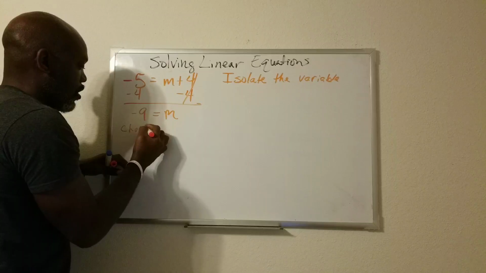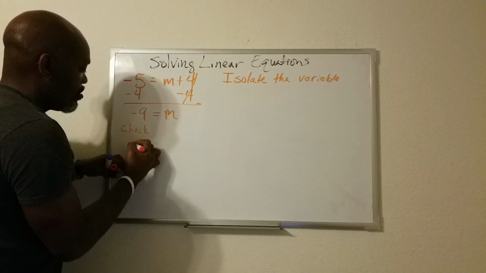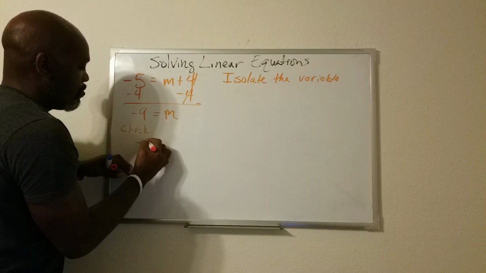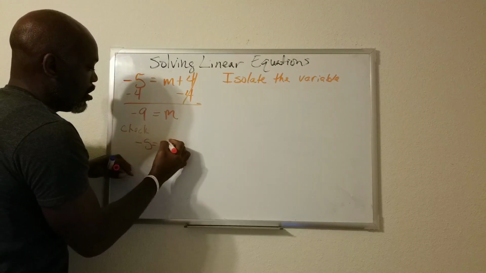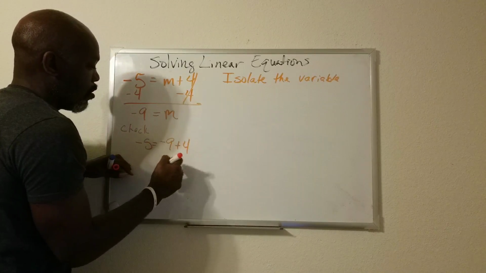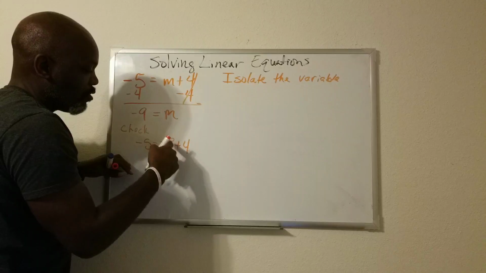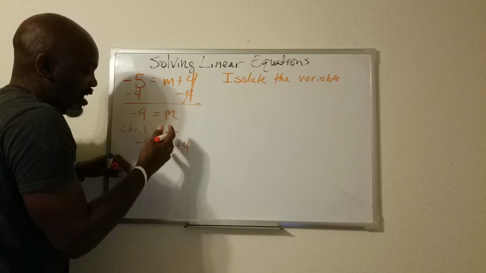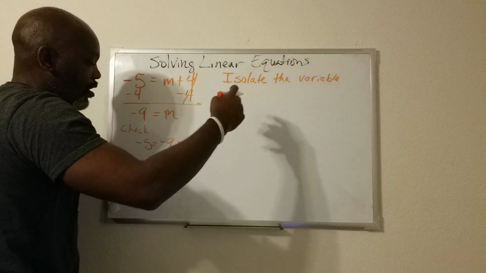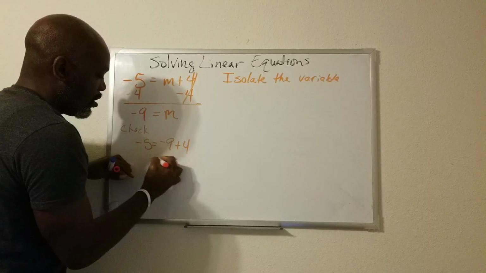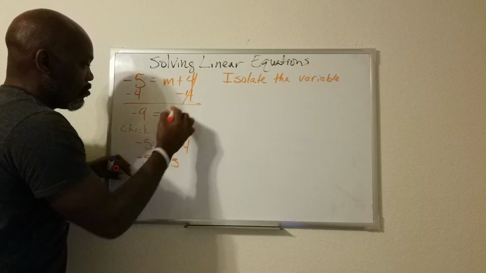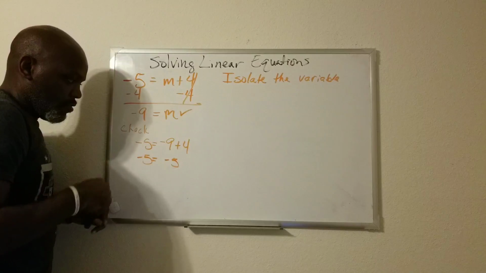We plug the information back into the original problem: -5 equals -9 plus 4. If we added 4 to -9, we start at -9 and then move 4 places to the right, we would end up with -5. So therefore, this answer is correct.